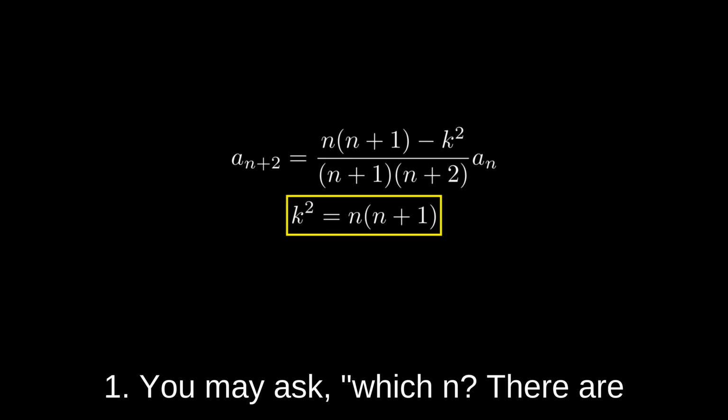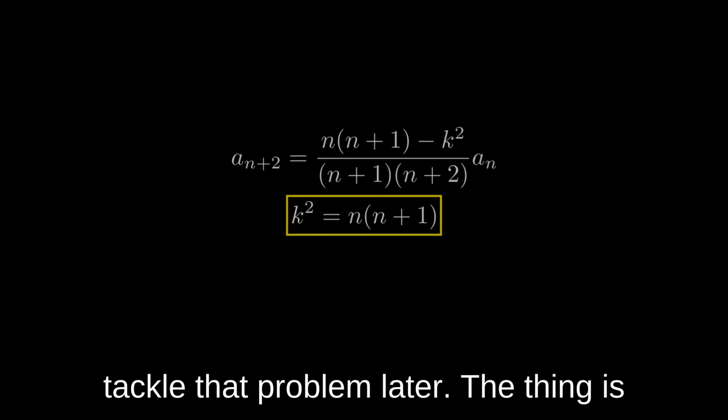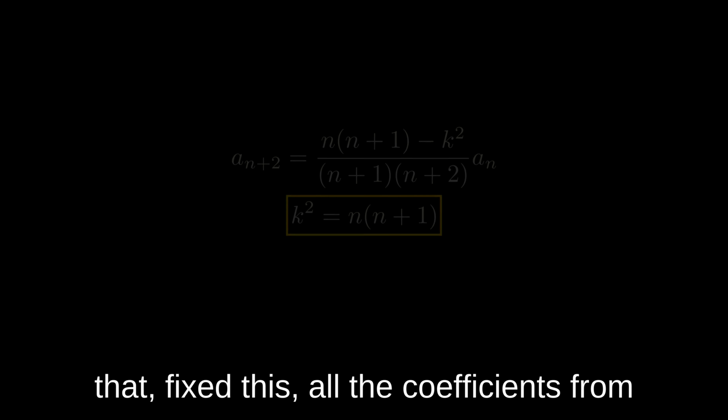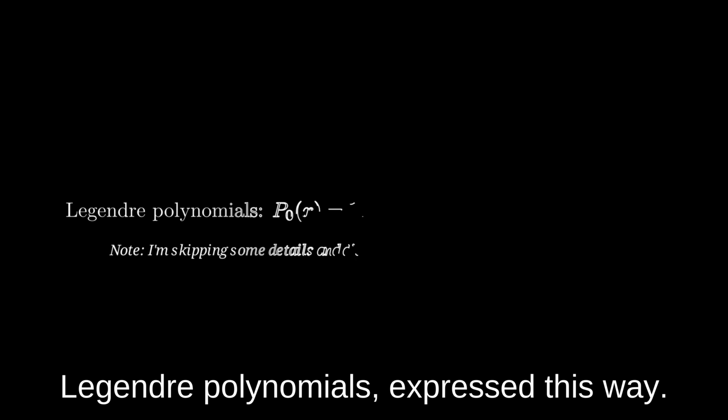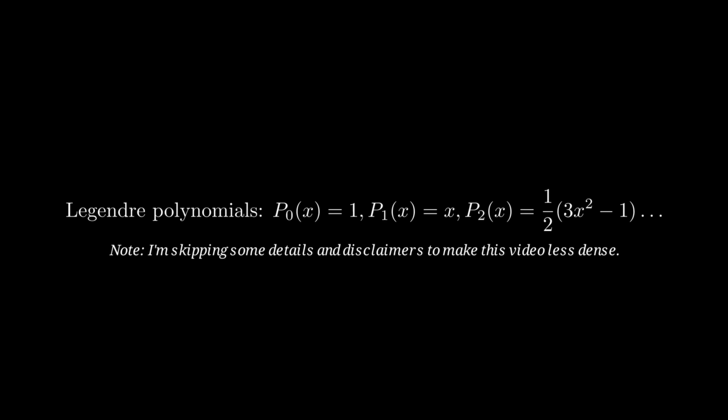You may ask, which n? There are infinite of them. And that's true. We'll tackle that problem later. The thing is that, fixing this, all the coefficients from n forward will be 0, and we'll end up with a polynomial. These are the so-called Legendre polynomials, expressed this way.